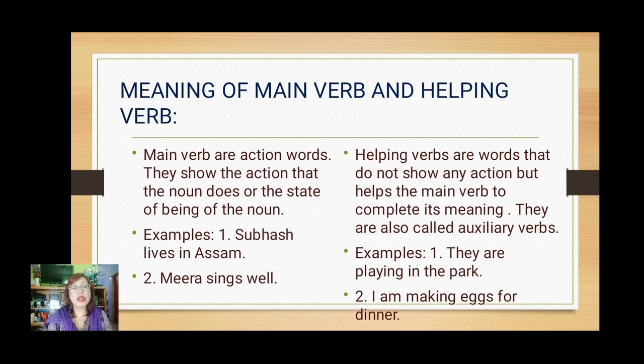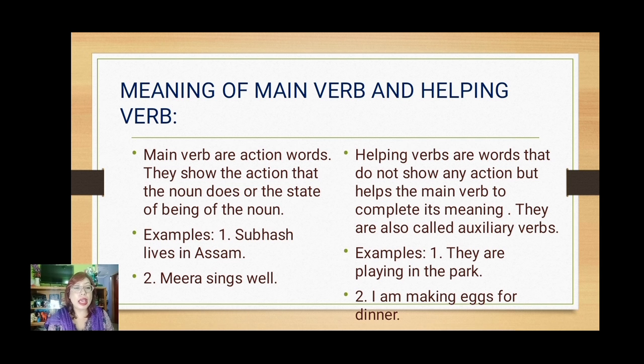Supposing, students, if I remove the word are, then what happens to the sentence? They playing in the park. Now, this sentence is grammatically incorrect, right? So, the helping verb, basically what does it do? It helps the main verb in conveying the meaning. Okay, let us see one more example.